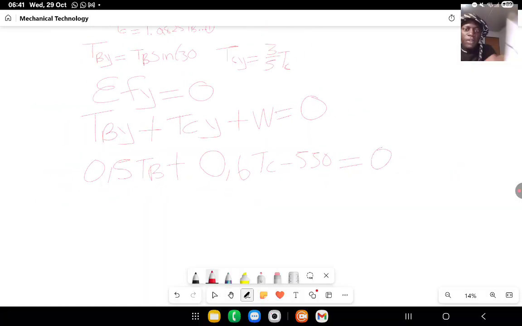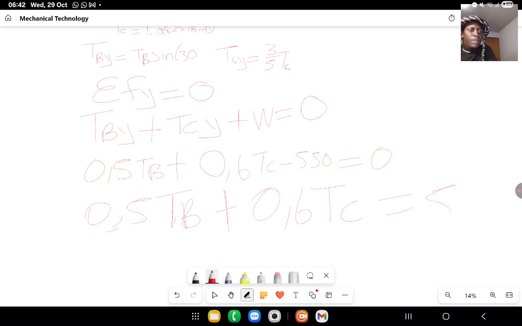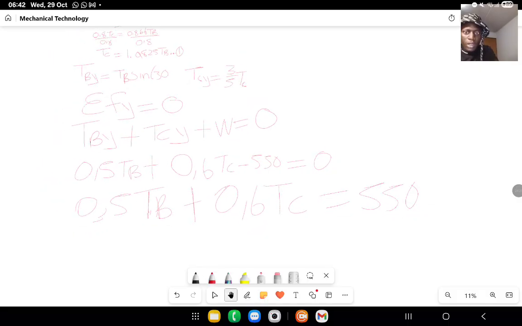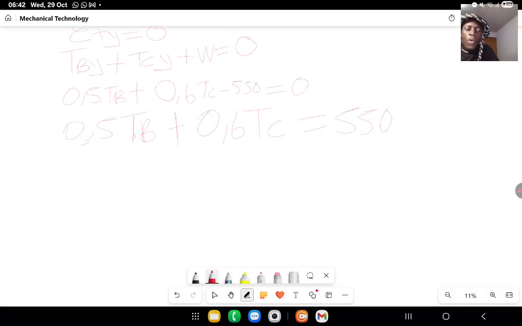Therefore, to make our life simpler, we say 0.5 TB plus 0.6 TC is equal to 550. Okay, we are going to insert this. We can call it equation number 2.